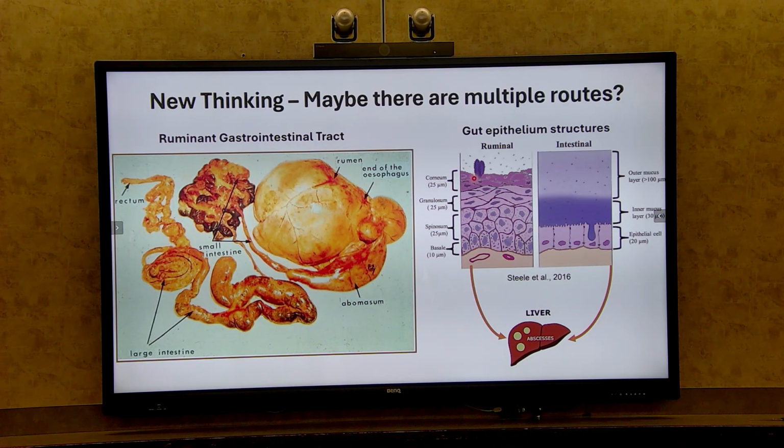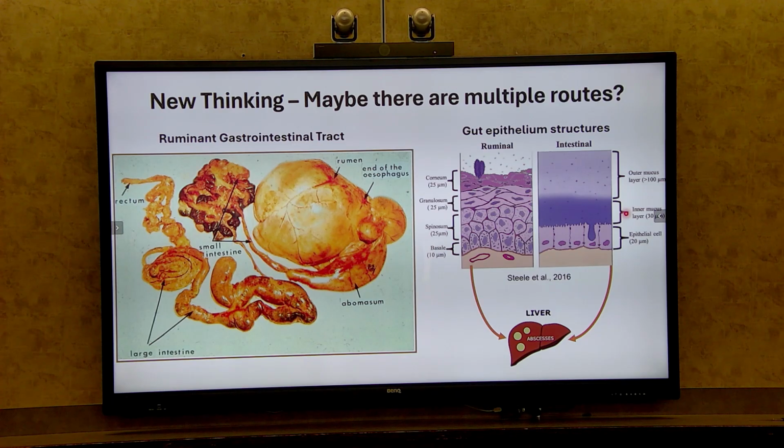So there's multiple types of cells there, and it's a very thick layer. So this provides quite a lot of protection to prevent damage. When we're looking at the hindgut epithelial layer, it's a single cell layer with a layer of mucus on top.